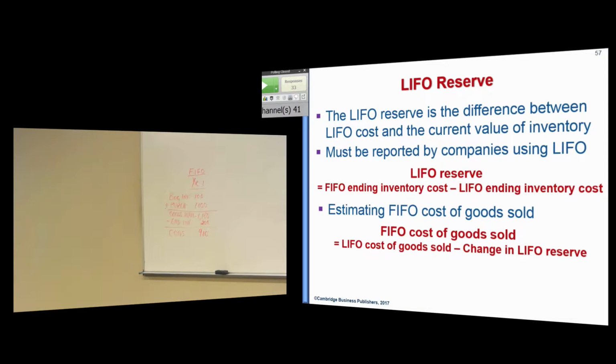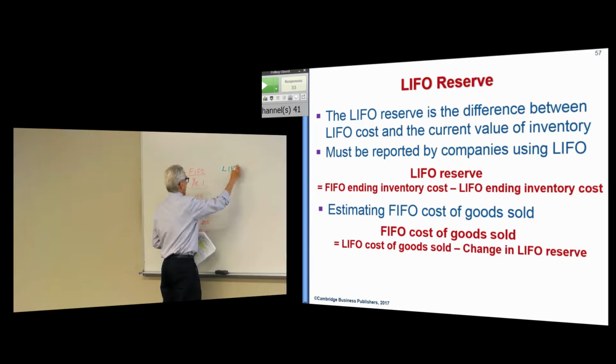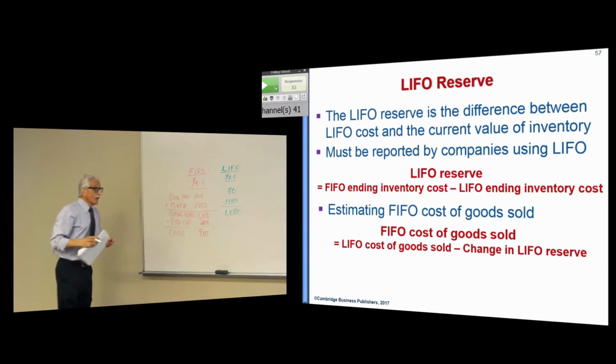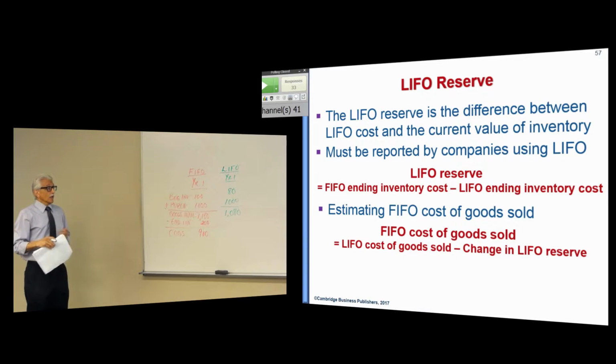Now we take the same year on the LIFO. So the inventory is at 80 under LIFO.